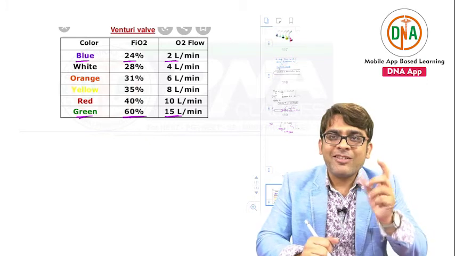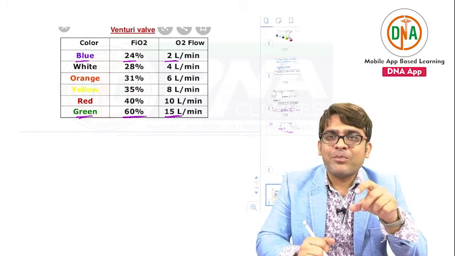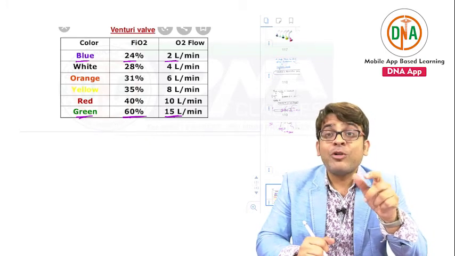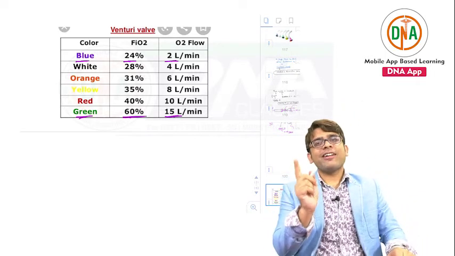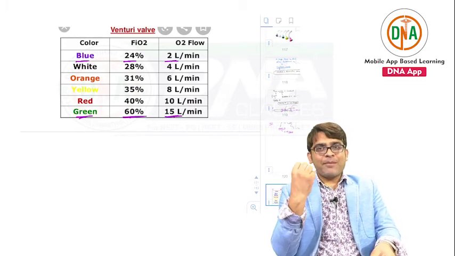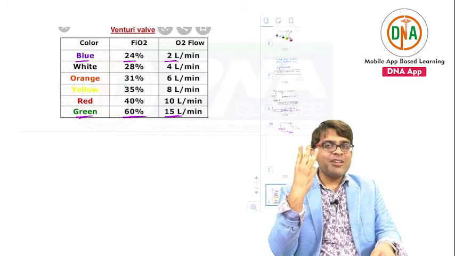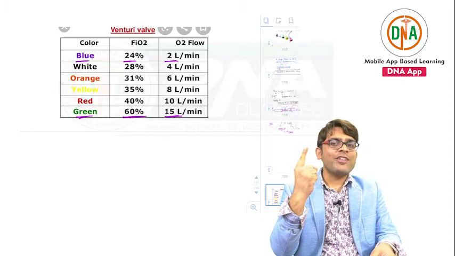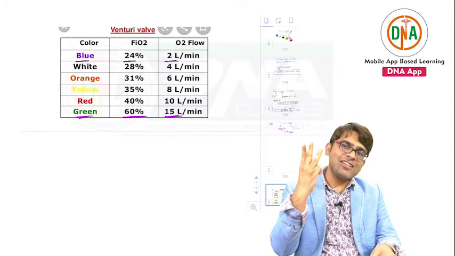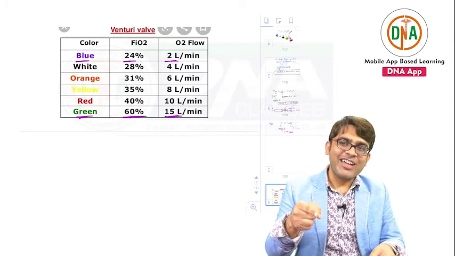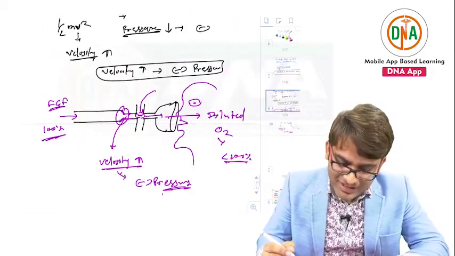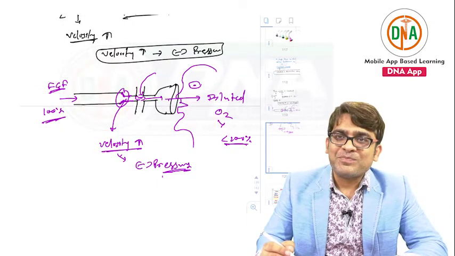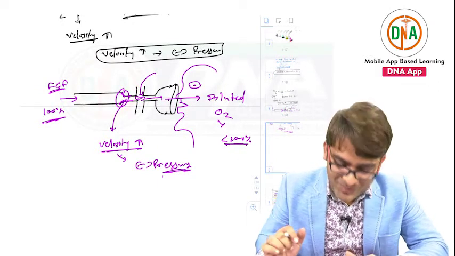Okay, so this is the beauty of physics in anesthesia. And I have told you, if you want to get command in anesthesia, your three things should be strong. First is physio, second is pharmaco, and third is physics. Okay, so this is the beauty of the Venturi mask.